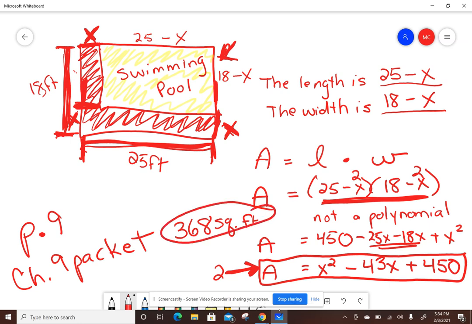So that is the area. You can either make this 2 squared minus 43 times 2 plus 450, or do 23 times 16. But either way, you get the same answer.